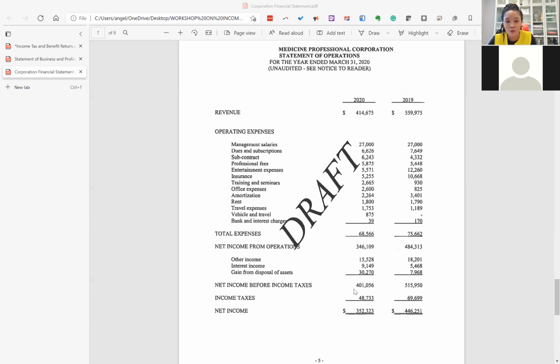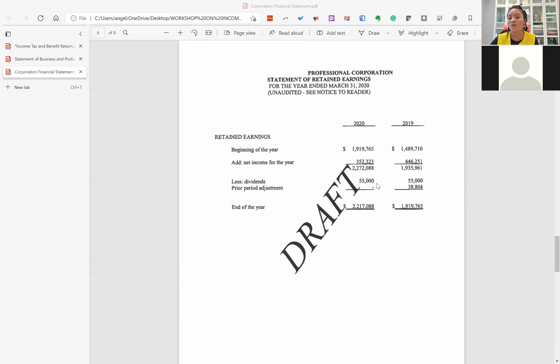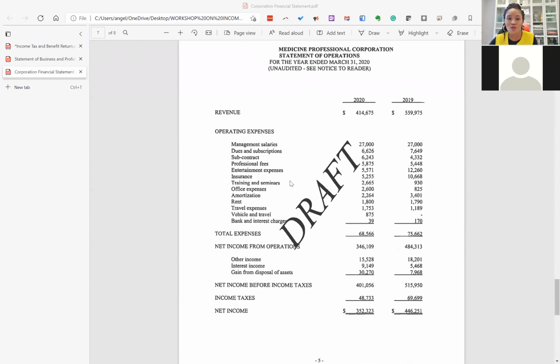So the net income before taxes, which is $401,000, could be a starting point as the income to be used for calculating support. Remember, when we looked at the previous page, this support payor only actually drew $55,000 income from this corporation. It's their choice, but that's by no stretch the appropriate income to be used in calculating support, right?